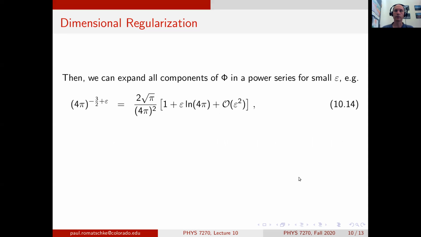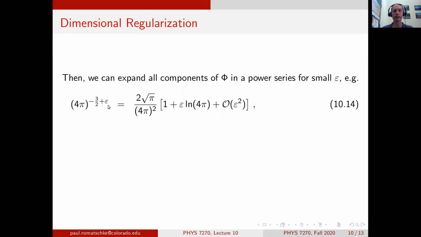So once we have made the divergence of the dimensionally regularized integral explicit, we can expand all components of this function phi as a power series for small epsilon. So for instance, we have the expression 4 pi to the power of minus 3/2 plus epsilon appearing.